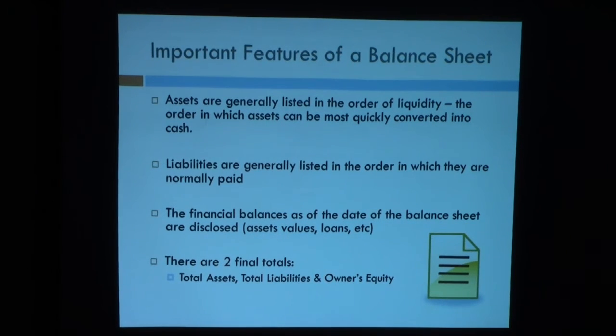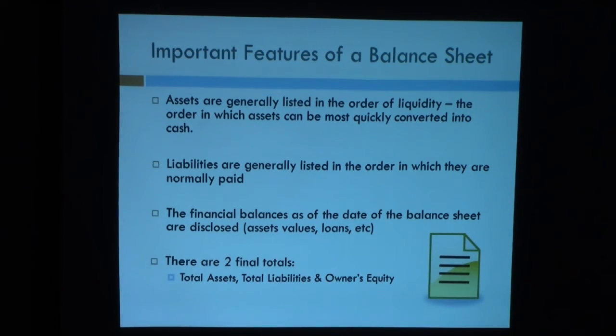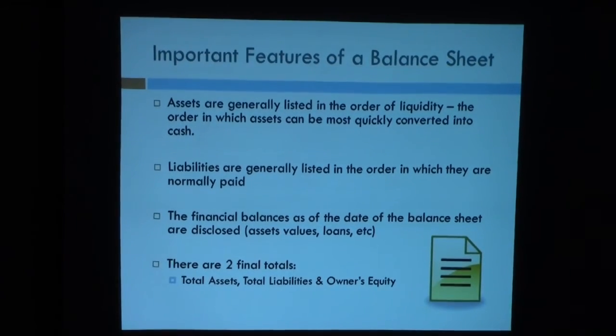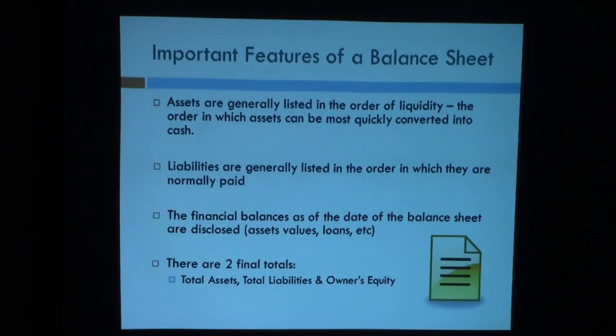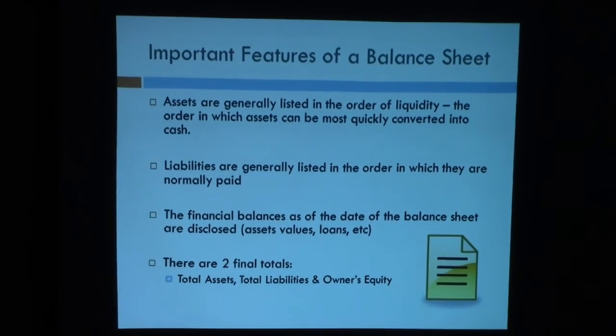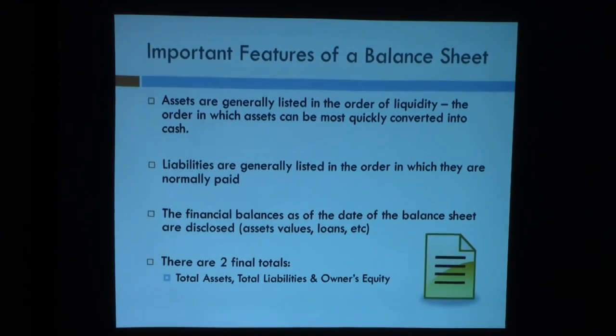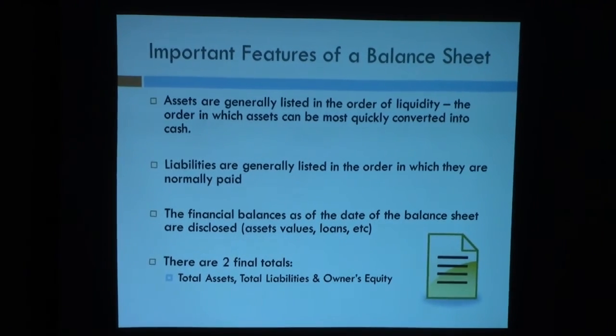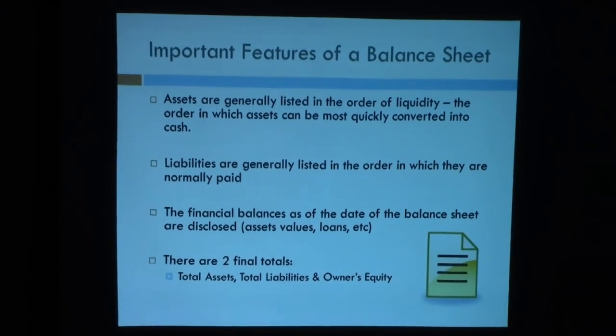So cash or bank account is the most liquid asset, which means that it is already cash. And then of course the rest of the assets are listed in the order of liquidity. How soon can you convert them into cash? Liabilities are listed in the order in which they are normally paid. So certain liabilities are paid regularly or early on during the year, and certain liabilities are long-term liabilities. So we'll get into all those details as we go through this course.